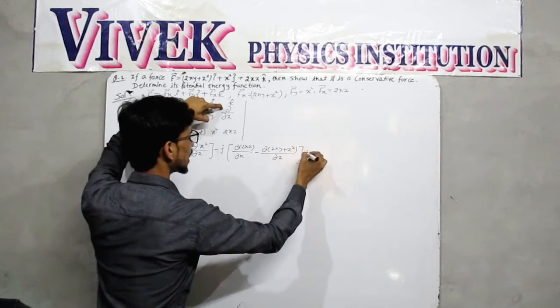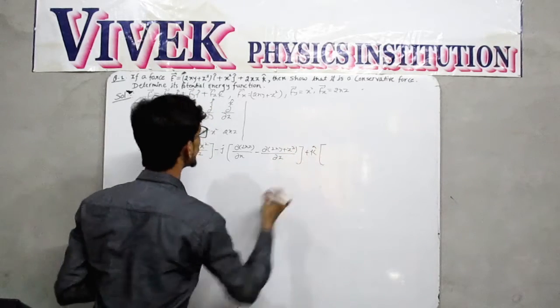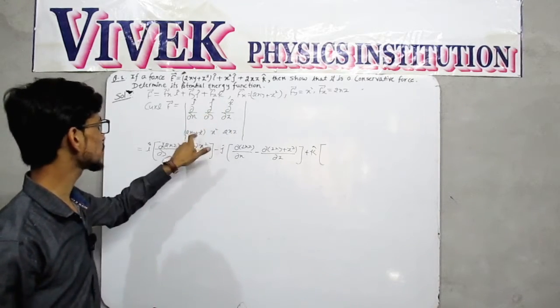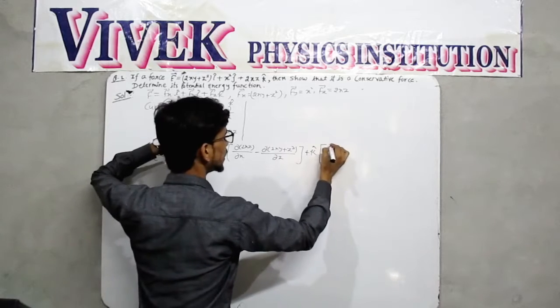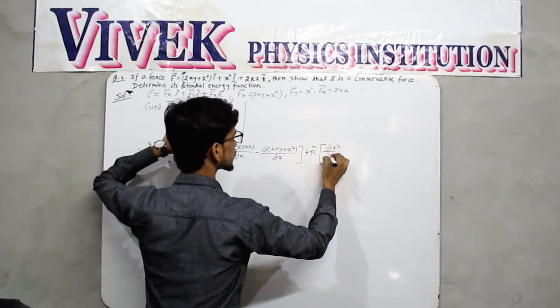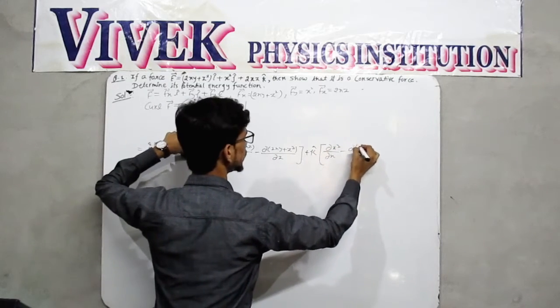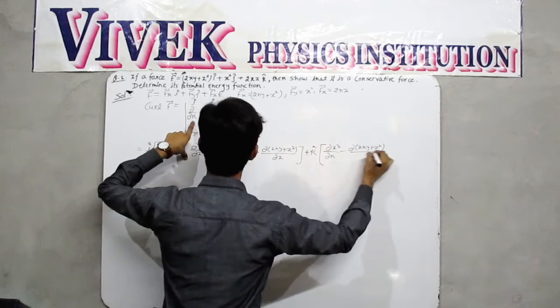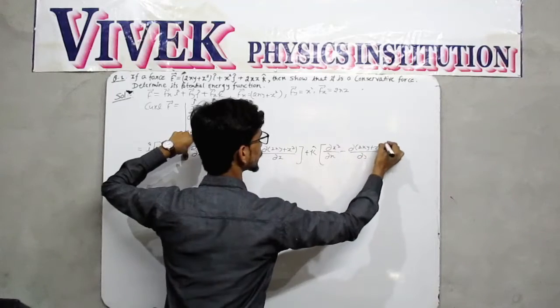And plus k cap, which gives us this multiplied by this minus this portion multiplied by this. So del x square over del x minus del 2xy plus z square over del y.